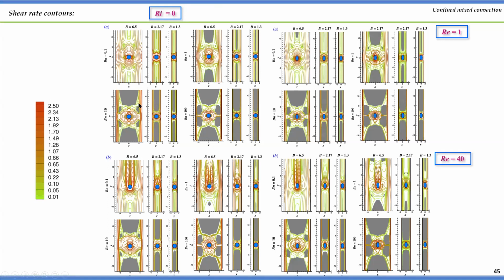And where the shear rate is high, you are not able to see any unyielded, solid-like region. But where the shear rate falls below a certain value, your material is going to start freezing. You can convince yourself at this point that this yielded and unyielded flow pattern is very different from the mixed convection we saw in the unconfined condition.